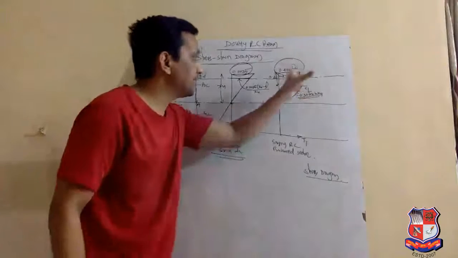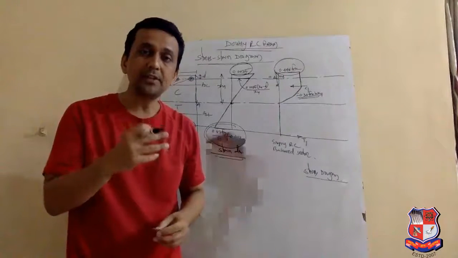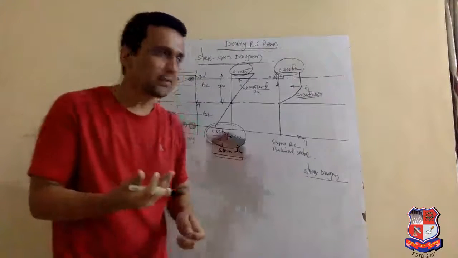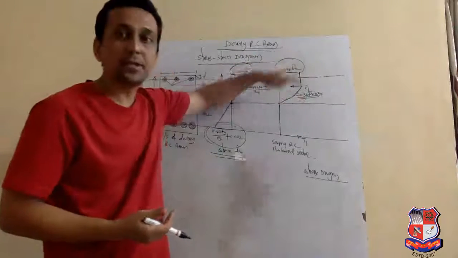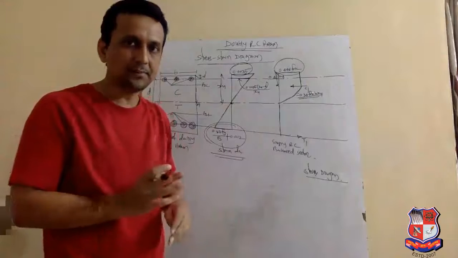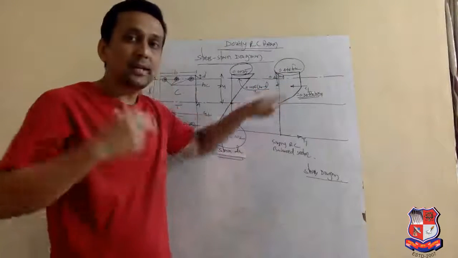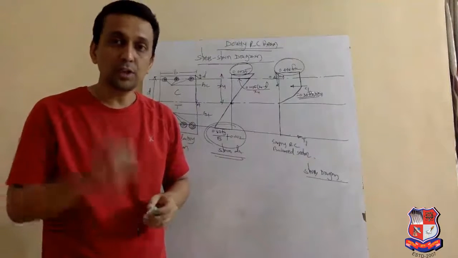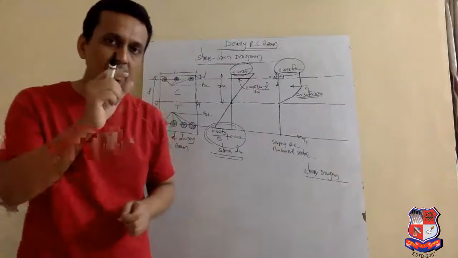First, let me tell you what C1 is. C1 is the total compression force. Total compression force means what? We know that the upper portion of the neutral axis is all about compression. We have already learned about center of gravity. What is the center of gravity?